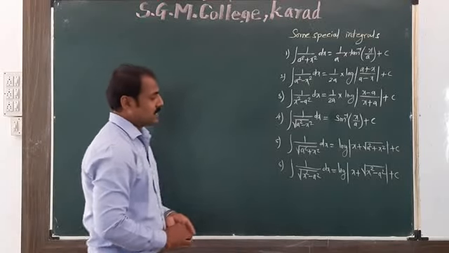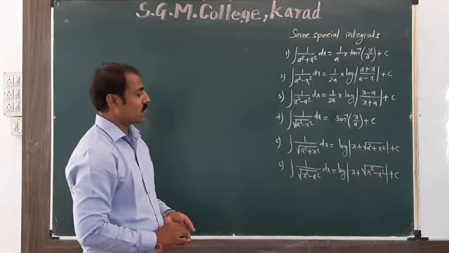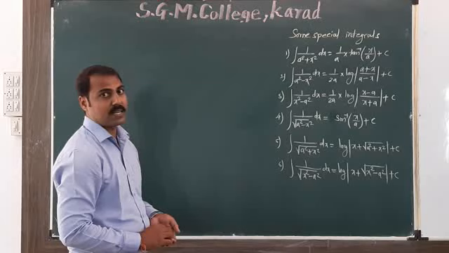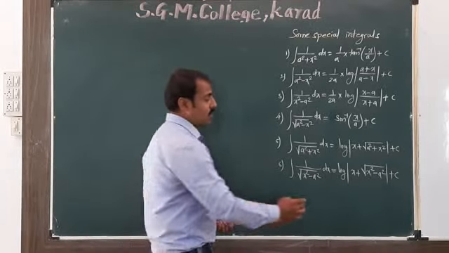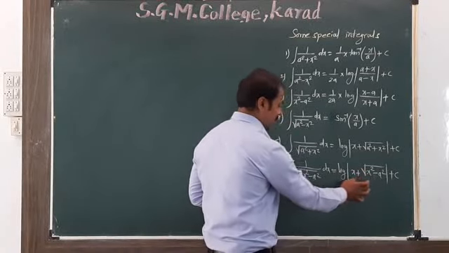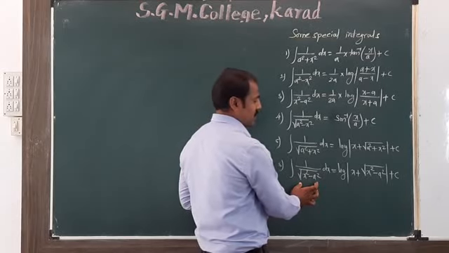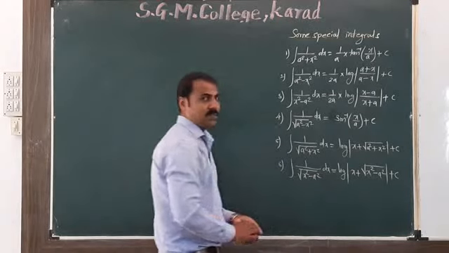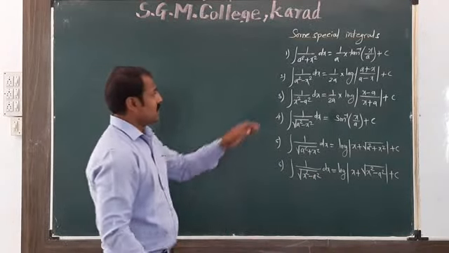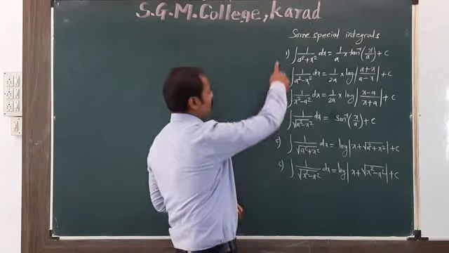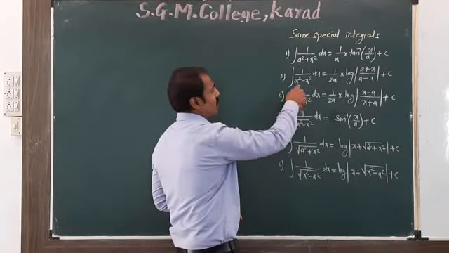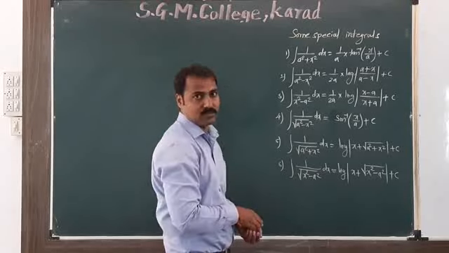The sixth formula is the integration of 1 upon square root of x square minus a square dx, which is equal to log of mod of x plus the denominator, that is, square root of x square minus a square, plus the constant of integration c.